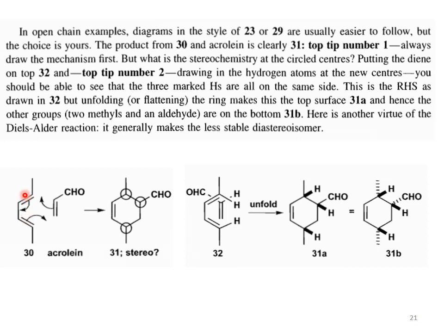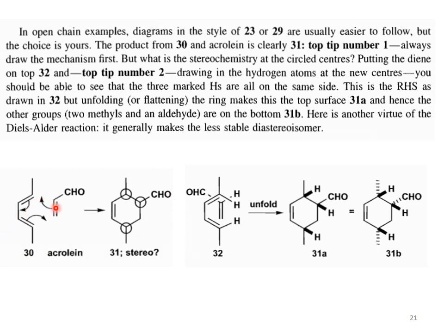These two hydrogens, this one and this one, are on the same side of the double bond. So structure number 32 is showing the position of the hydrogens. The hydrogens are cis, then the rest of the groups, that's a methyl group, will also be cis.